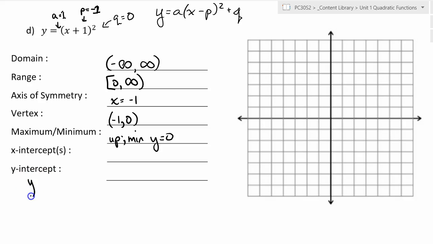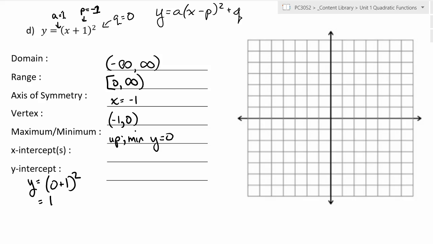Again, I can solve for my y-intercept as well. In this case, I'm going to go 0 plus 1 squared. Now, because it's inside brackets, I'm going to add first. So 0 plus 1 is 1, squared is actually 1. So whereas when we didn't have a p-value, q automatically took on the y-intercept, and you may have noticed that.